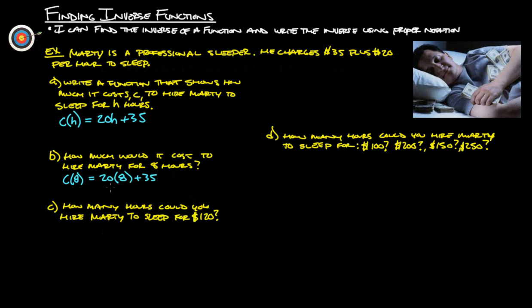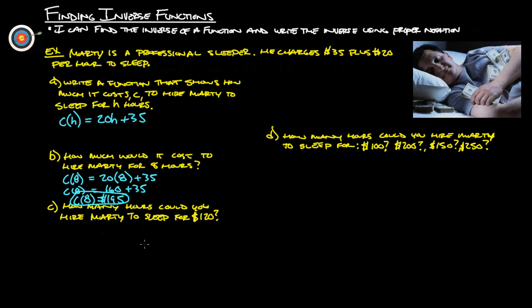And 20 times 8 is 160, plus 35 gives us that C of 8 equals 195. It's going to cost $195 to have Marty come sleep for 8 hours. Again, sounds like a pretty good deal.